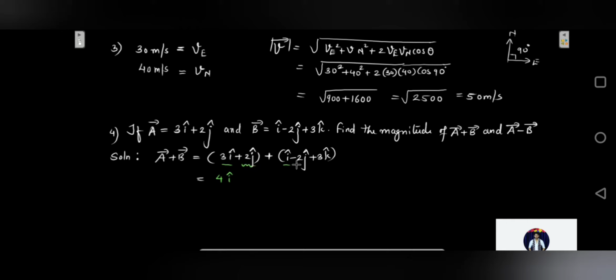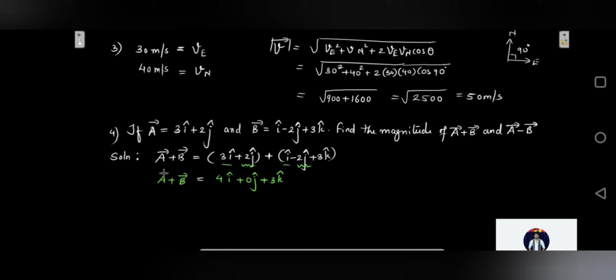The j and j terms together, so 2 minus 2 will be 0, so plus 0j. And the last term, the k term is missing over here, but the k term is there over here, so plus 3k. It's as good as 0 plus 3 will be 3k cap. So this is going to be your A plus B vector.